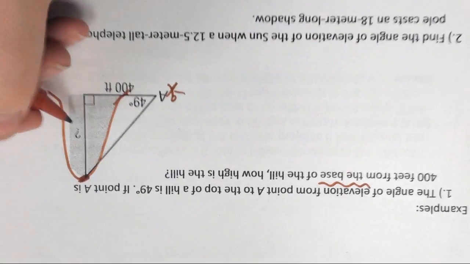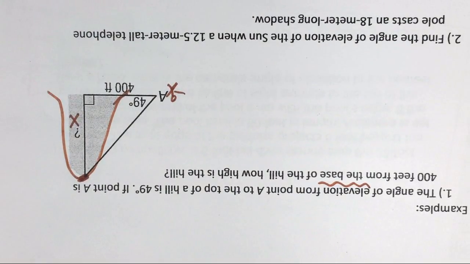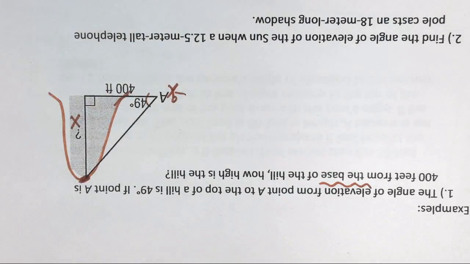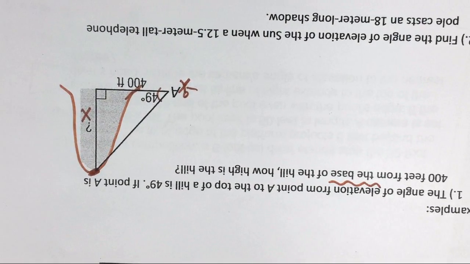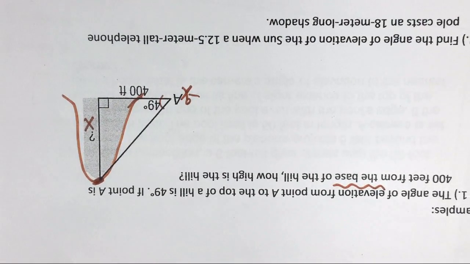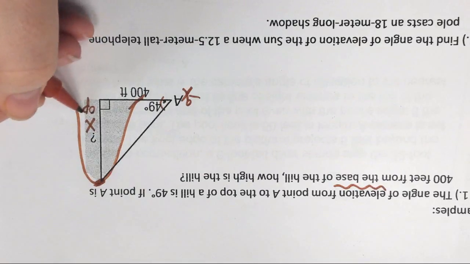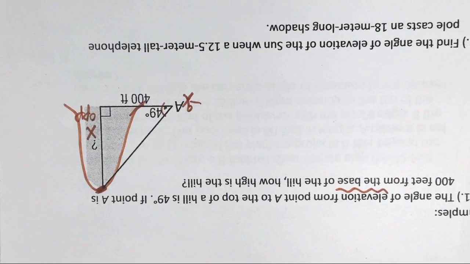Okay, so I'm going to put an X on the side that we want to know. Using this angle, is the X the opposite, the adjacent, or the hypotenuse? It's the opposite. What is the 400? Adjacent.